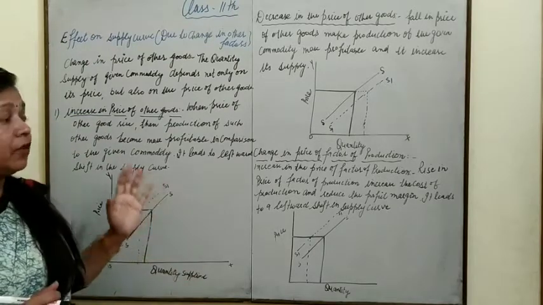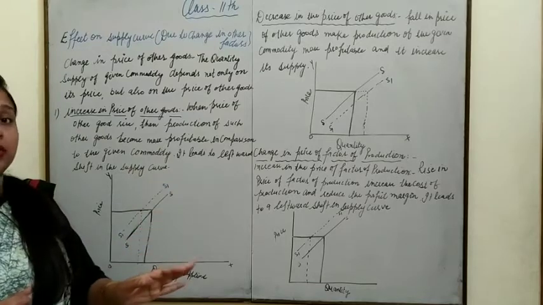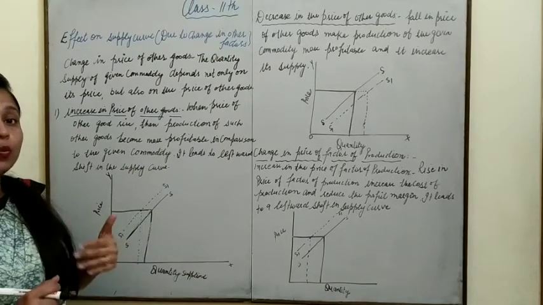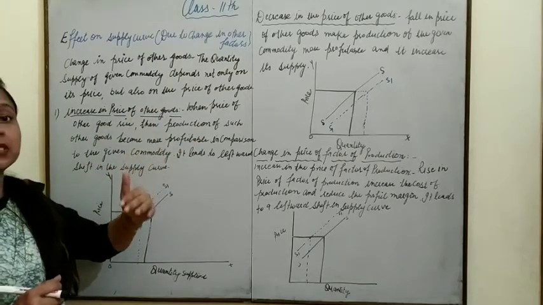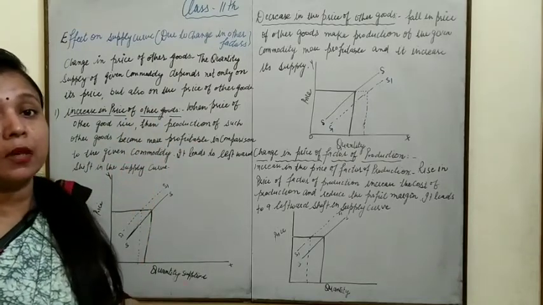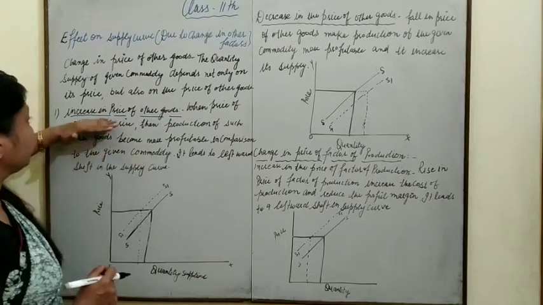Suppose here we are talking about the other goods and the given goods. Given goods means whatever you have to supply, and other goods means related goods, supplementary or complementary.